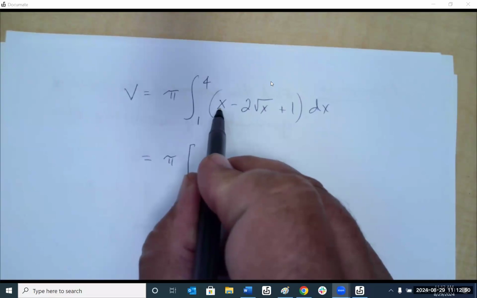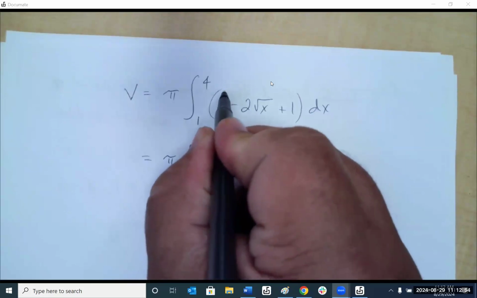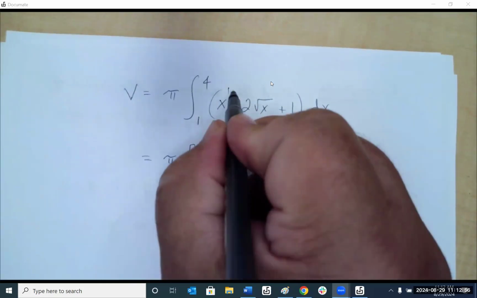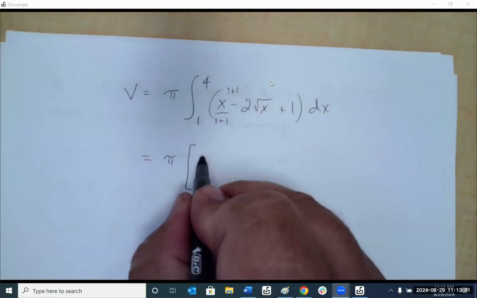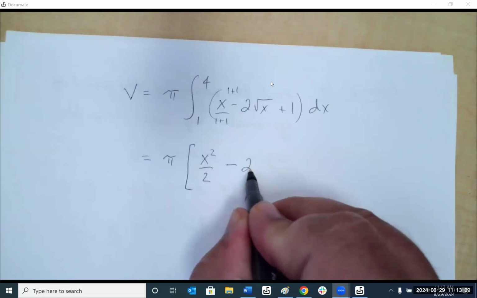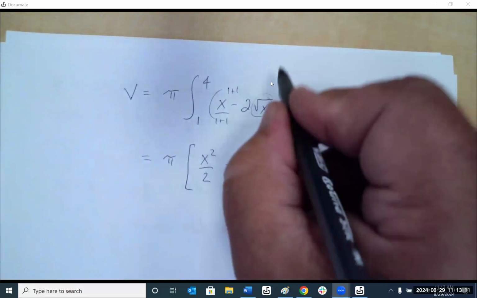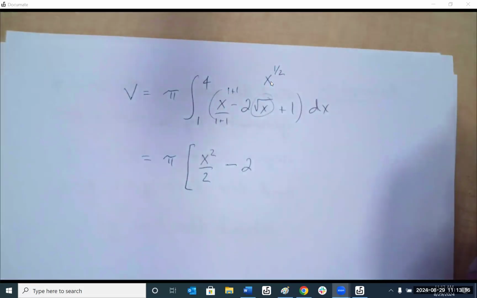Integral of x is what? What's the power right now? 1. So we add 1 and divide by that. So it's x squared over 2. This one's got a 2. This becomes x to the power 1/2.